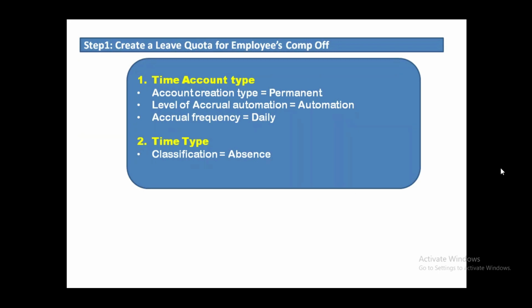That means the time account is going to be created for the employees for lifetime, the end date should be the extreme end date, that is 31st 12 9999, and the level of accrual automation should be automated, and the frequency of that accrual should be daily. That means the accrual will daily check if that employee has worked any non-working day or any holiday or not. If that employee has worked, then one day should be added to the balance.